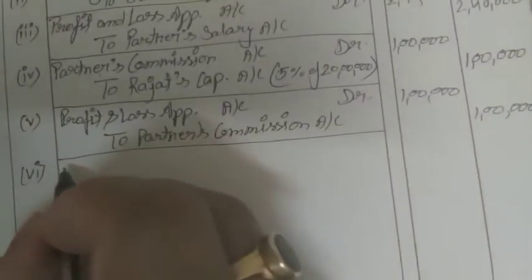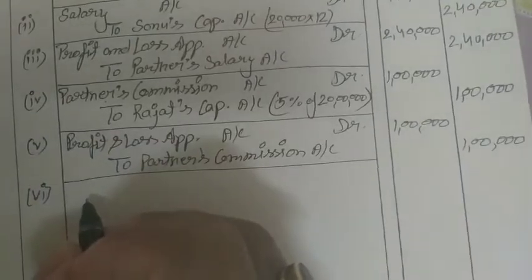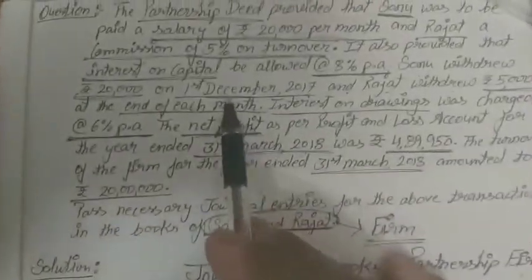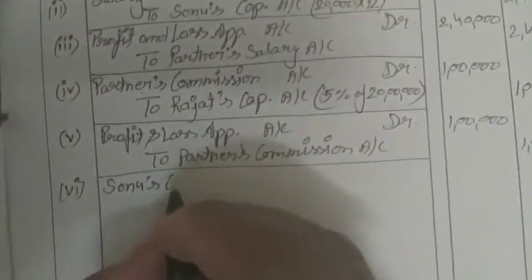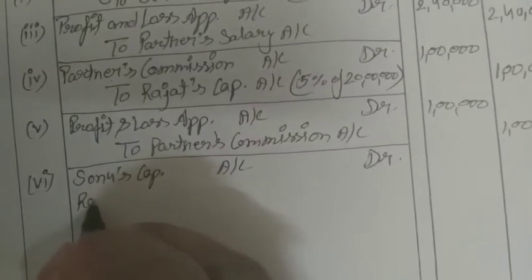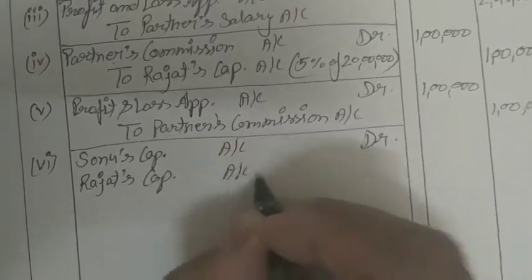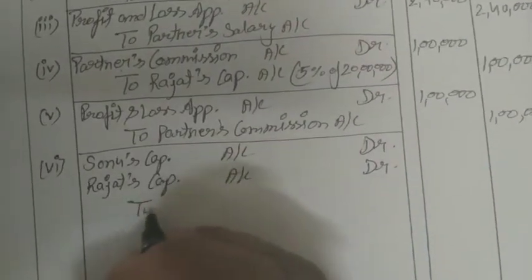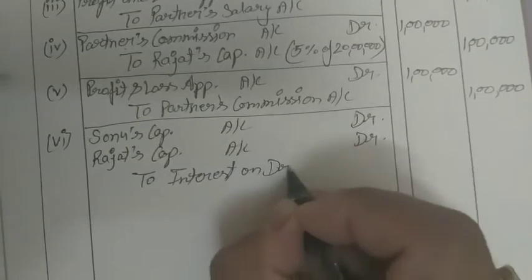Partners will be debited: Sonu's capital account debit, Rajat's capital account debit, and to interest on drawings.